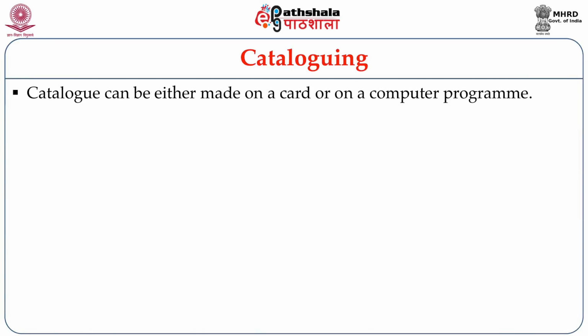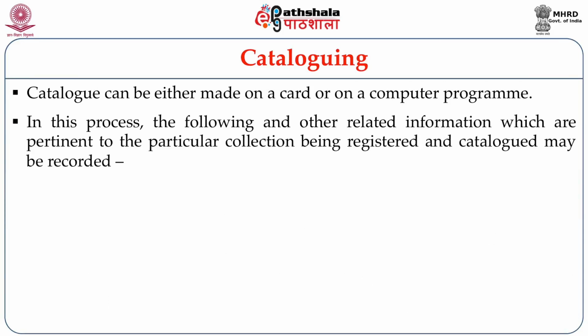A catalog can be made either on a card or on a computer program. In this process, the following and other related information which are pertinent to the particular collection being registered and catalogued may be recorded.